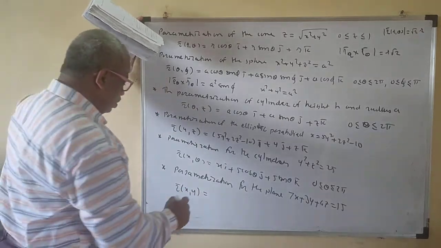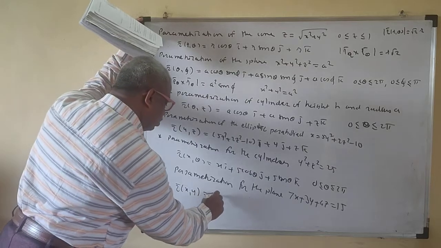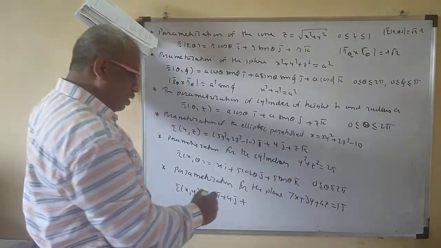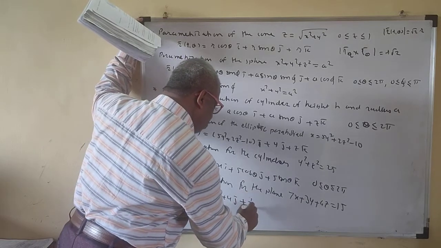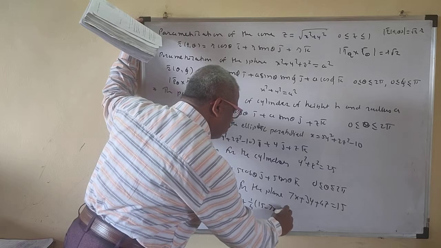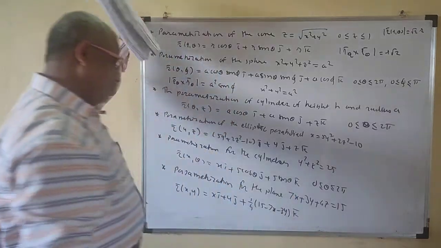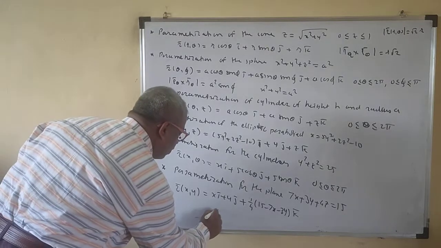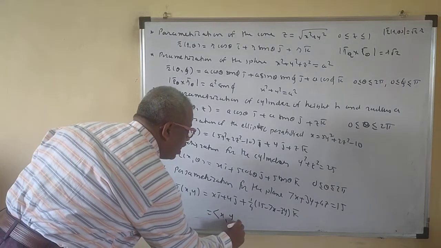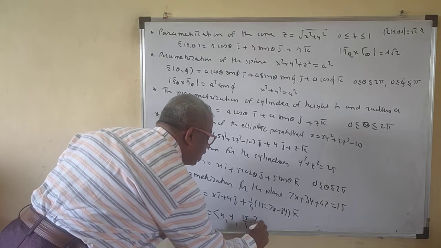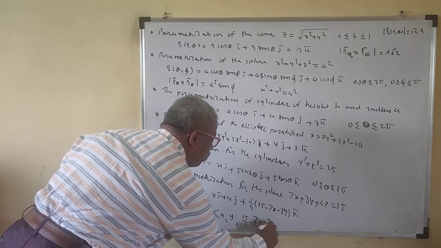So this is x i bar plus y j bar plus z k bar, where z is 1 by 4 of 15 minus 7x minus 3y. You may also write this as x, y, 15 by 4 minus 7 by 4 x minus 3 by 4 y.